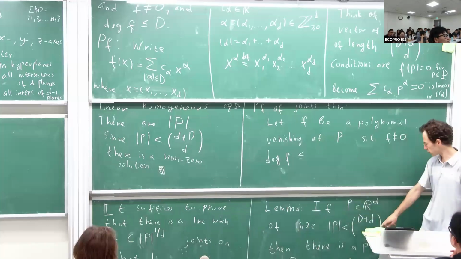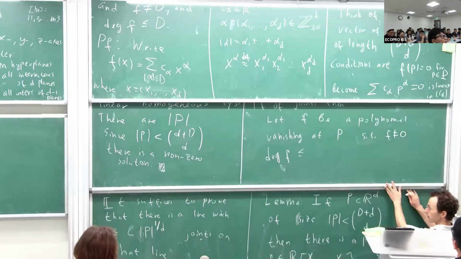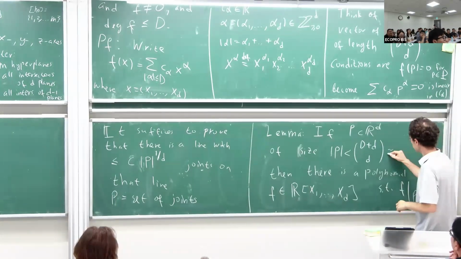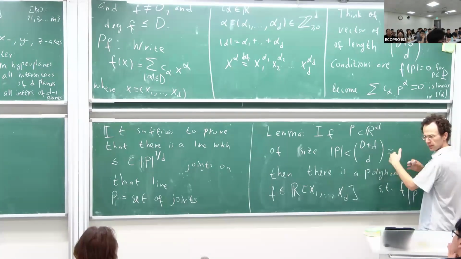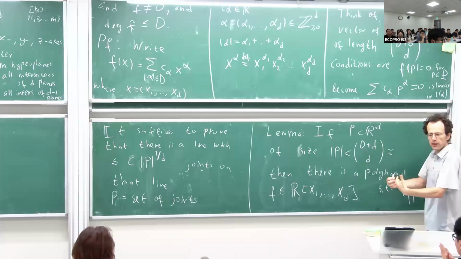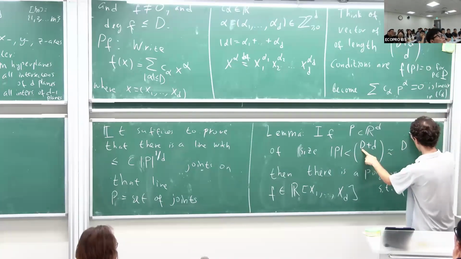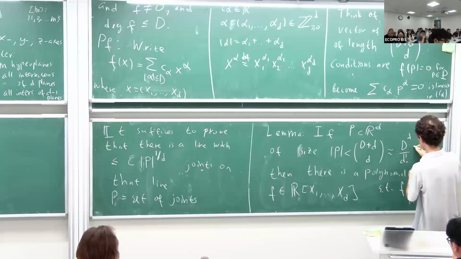Now, this expression here, if the dimension is fixed, and remember, for now we're thinking of fixed dimension, like dimension 3, then this behaves like D to the power little d divided by d factorial, plus some lower order terms.